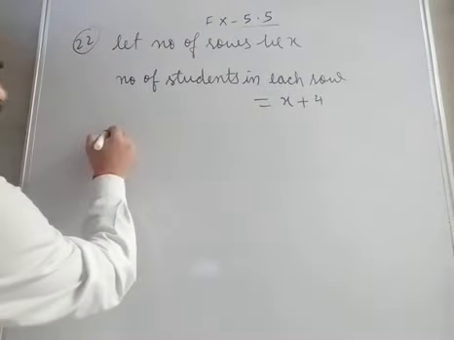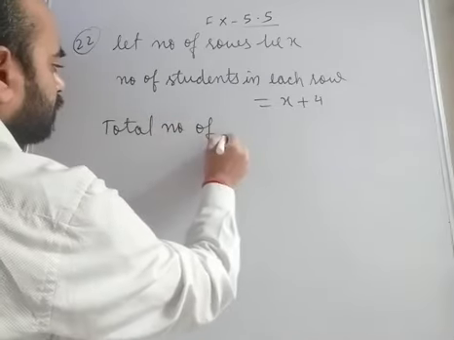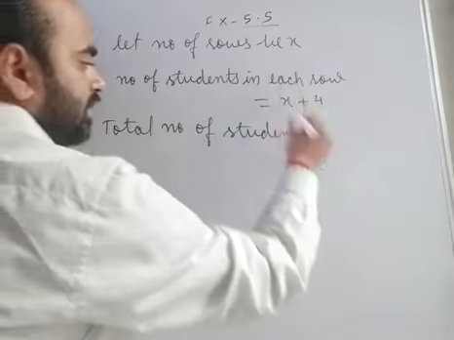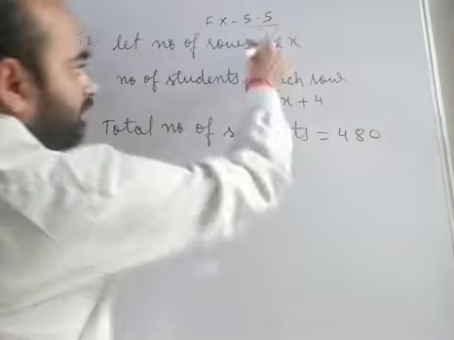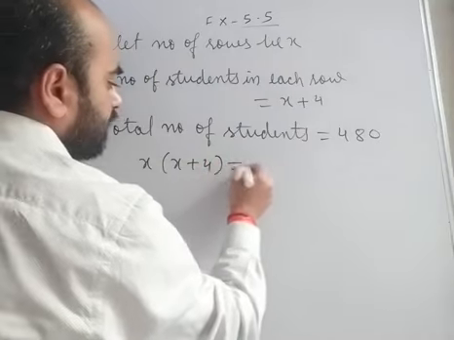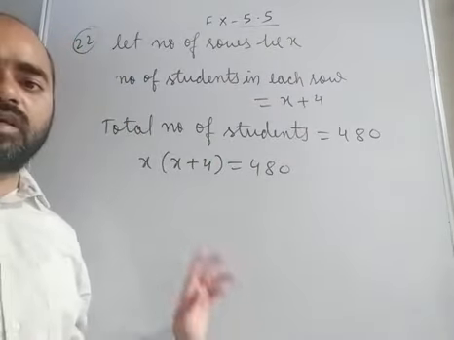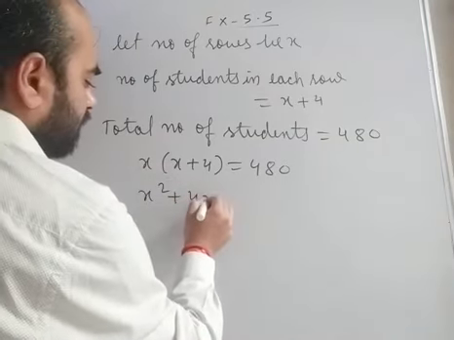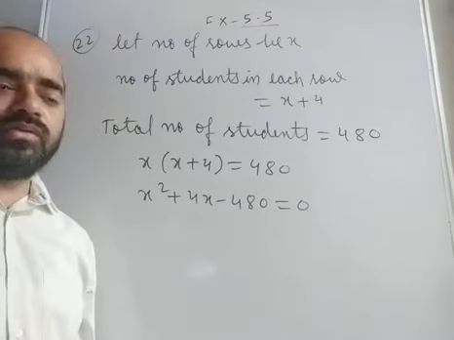So total number of students is 480, and we can find it by multiplying x into x plus 4, that is 480. Correct? Now this will be x square plus 4x minus 480 is equal to 0.